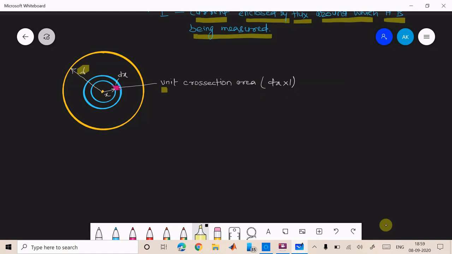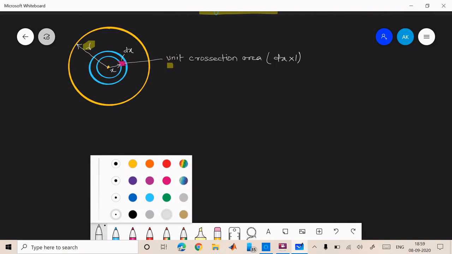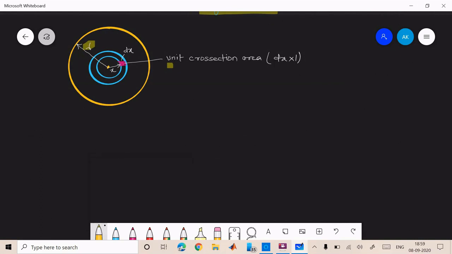We all know that magnetic field lines are concentric circles. Therefore we have drawn two circles like this. Now we will write magnetic field intensity. Magnetic field intensity we will write Hx, ampere turn by length.